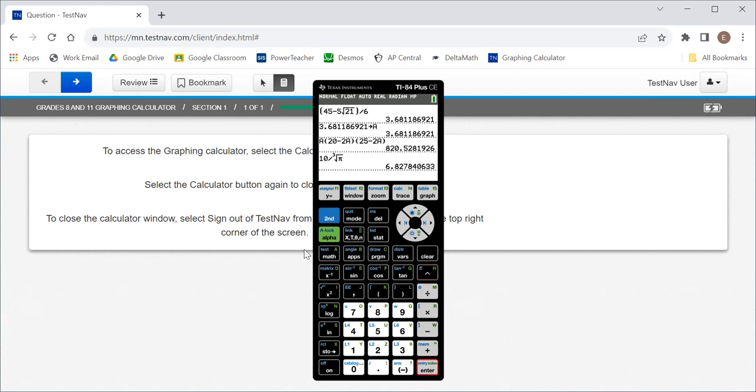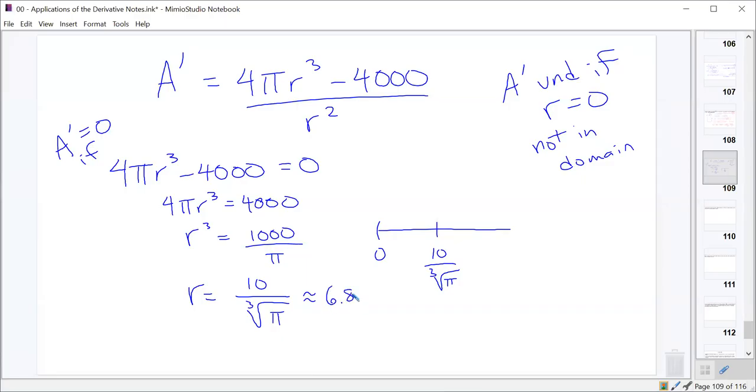Of course, since this isn't the final answer, we're not going to round that. This is 6.827840633.